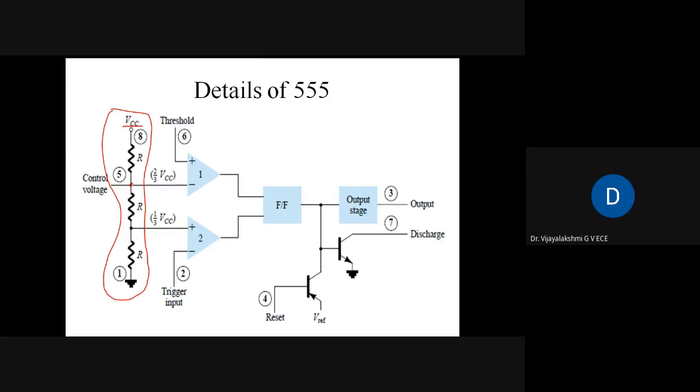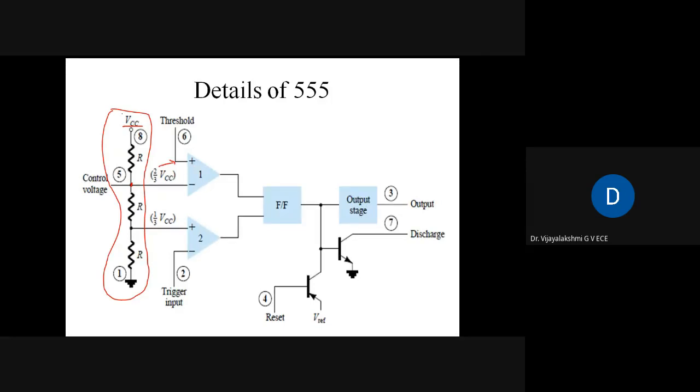Okay, I'm sorry, not at this point. So this is the voltage divider network. At the first resistor you get 2/3 of VCC, and that is connected to the non-inverting terminal of this op amp. These two are op amps. Okay, let me come from the beginning.